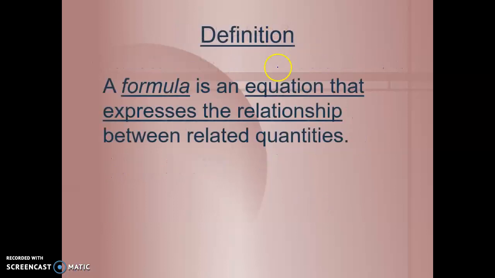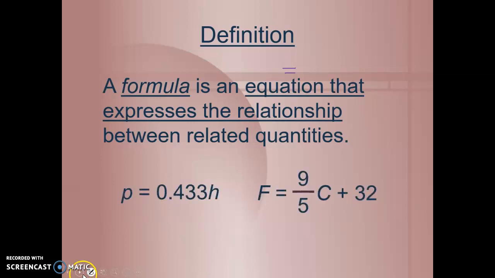A formula is an equation that expresses the relationship between related quantities. Remember, an equation has an equal sign, and a formula is an equation that expresses the relationship between related quantities. Like P equals 0.433H, or this equation, which you might be familiar with, F equals 9/5 C plus 32.